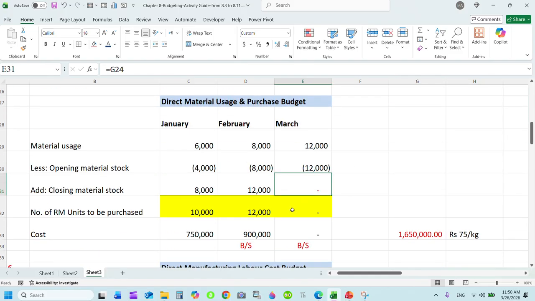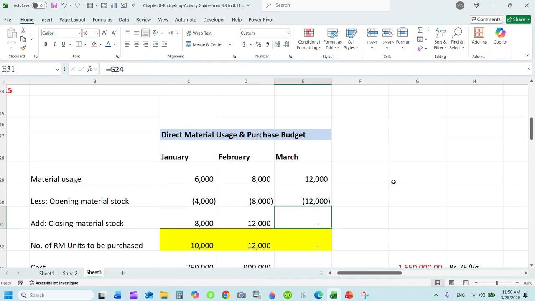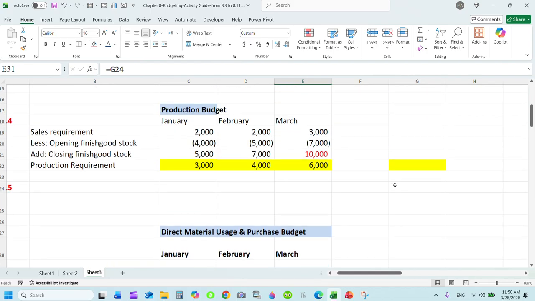you need to find out March closing raw material, since it is based on next month. Next month means April. For April, we need to prepare the production budget and the material usage requirement.